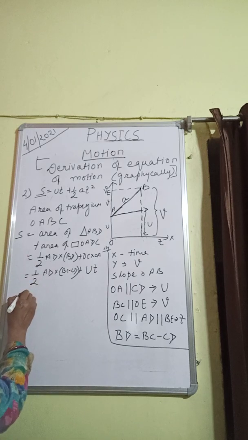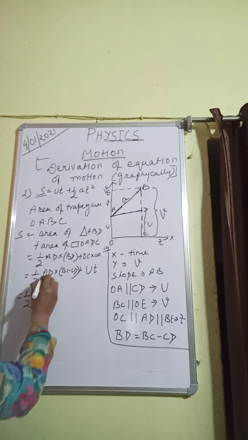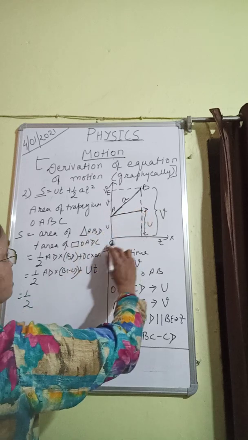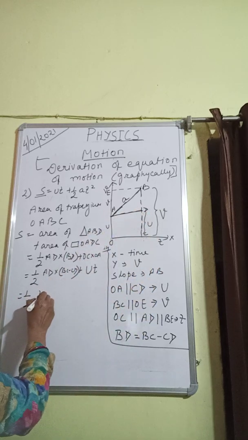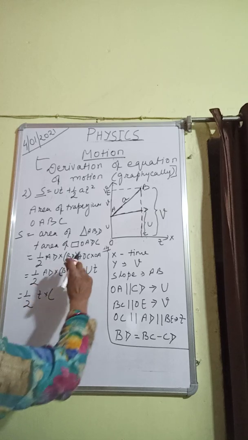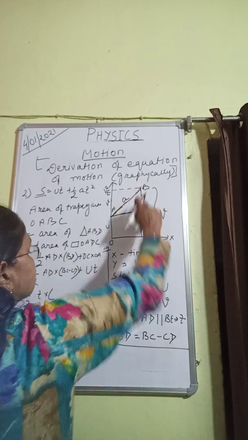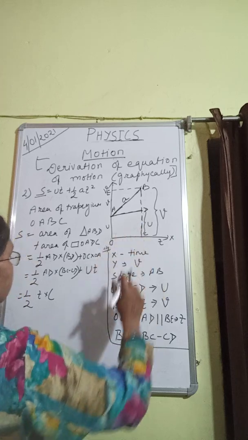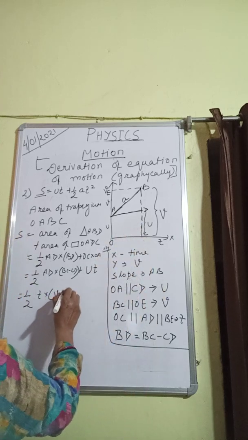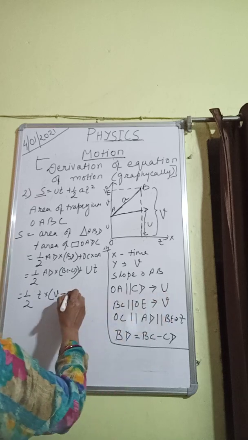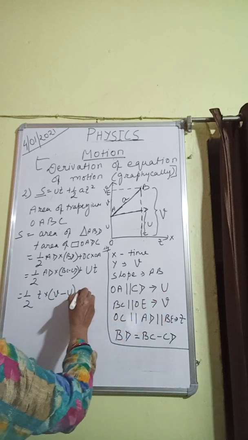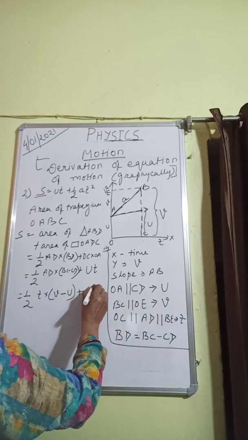Here just derive it. Half, and what is AD? AD is parallel to OC, so we can write T into BC, and BC is nothing but velocity V minus CD, where CD is parallel to OA, that is U. So directly I am writing U plus UT.